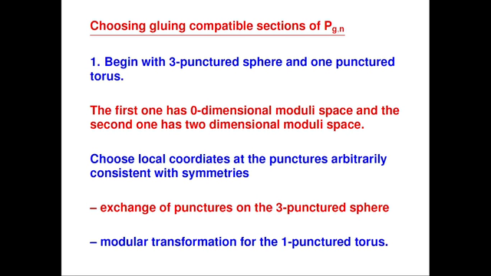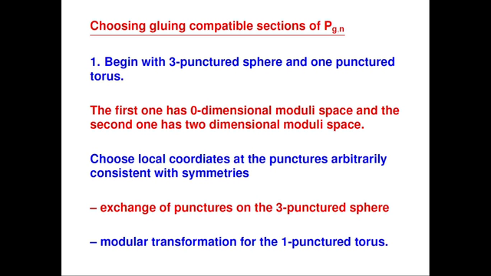Similarly, for the one punctured torus, we have modular transformations. For the one punctured torus, the fundamental domain is this. For example, we know that these two lines are identified. So you better make sure that the local coordinate that you have chosen when tau is this is the same as the local coordinate that you have chosen when tau is this.